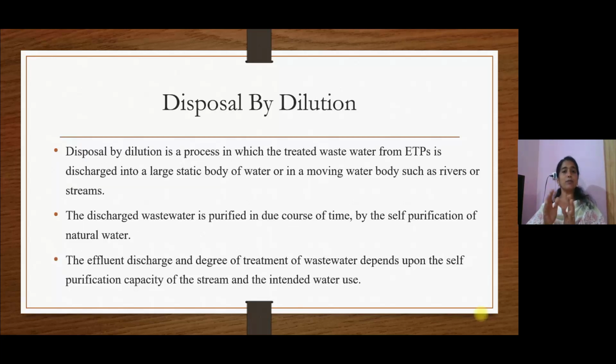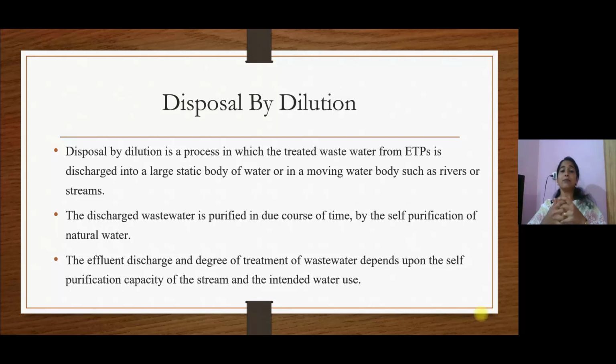Next, we will move on to the first method, that is disposal by dilution. What is the word meaning of dilution? It is the mixing of this wastewater with the surface water. That is, the concentration of the pollution will get diluted by mixing the wastewater with the surface water.